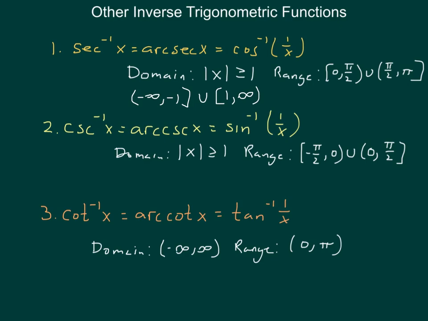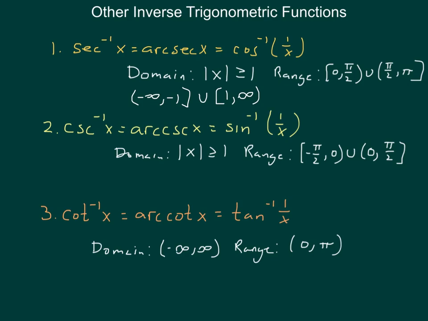Now for the range. Remember that when we limited the domain for the cosine function, we went from 0 to pi. Well, the cosine function is 0 at pi/2, which falls within that restriction. So the inverse secant is undefined there.